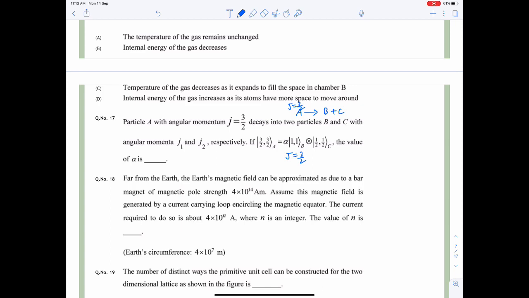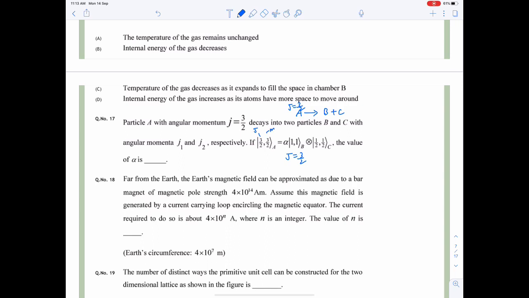See, this is your J. Now this is your total M. You know the quantum numbers: n is the principal quantum number, l is the orbital quantum number, and ml is the magnetic orbital quantum number.